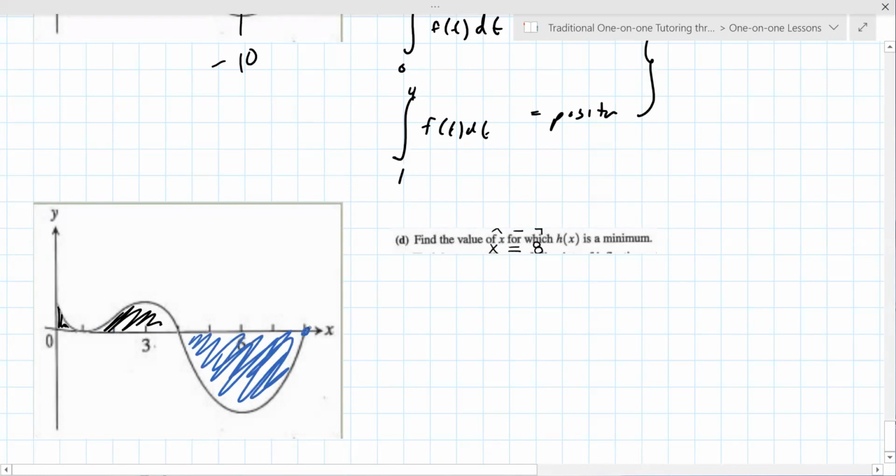So this point here, if you integrate from 1 to 8, f of t dt, this counts negatively. Your positives add together, but then this counteracts that, and this is going to be your minimum. But you have to say at x equals 8.